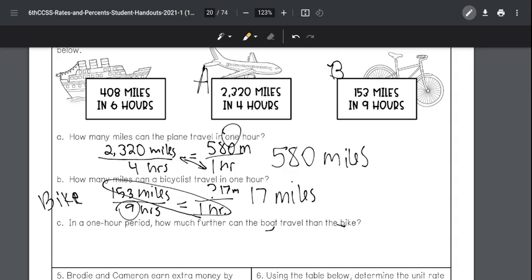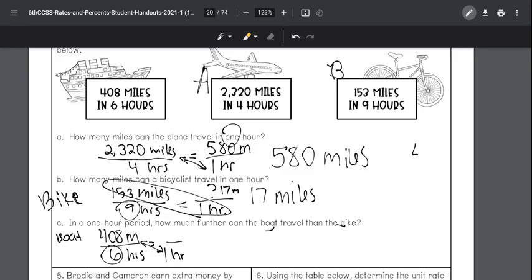So for the boat, I'll write boat, 408 miles in 6 hours. So we want to know how far can the boat travel in 1 hour. So cross multiply and divide, 408 times 1 divided by 6. So 408 divided by 6, what does that give us?